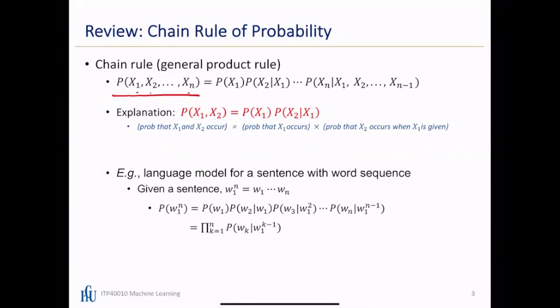So people came up with a way to decompose this big joint space. If you use this chain rule, you can equivalently handle the same variable space in terms of the probability of one variable multiplied by the probability of another variable given the previous one.